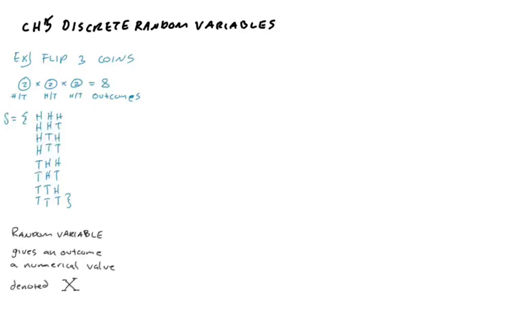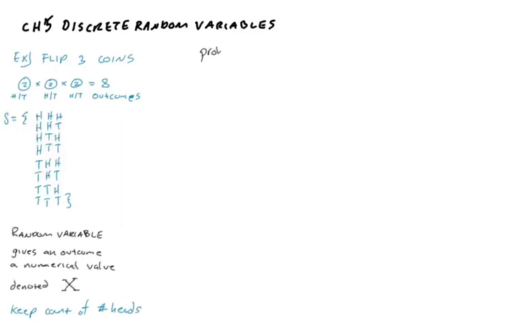For example, with a sample space like this, I might be interested in the number of heads that I get. So my random variable is going to keep count of the number of heads that we actually get.